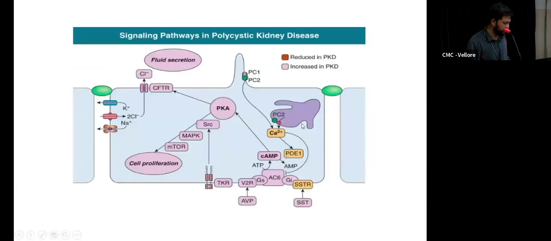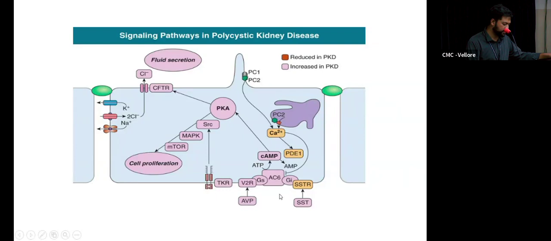This is basically all the signaling pathways in PKD1. Less than 5% of the tubules are affected in ADPKD, and they are filled with fluids. That fluid secretion happens because the CFTR gene is activated, and that is activated because, you can see, PC2 and PC1 are not functioning properly. So there's no calcium efflux from PC2.